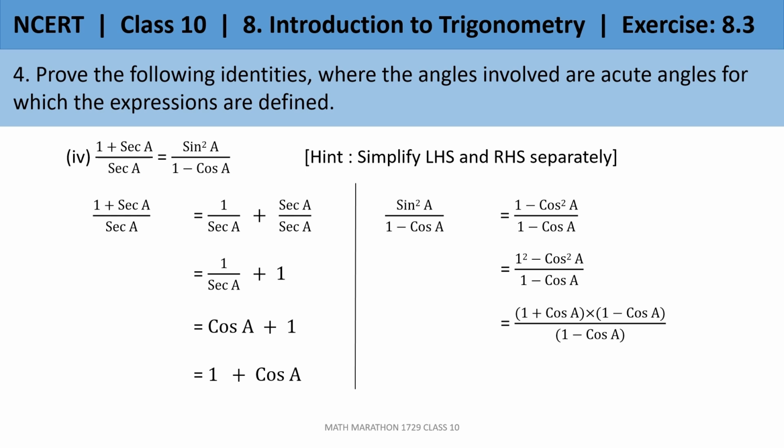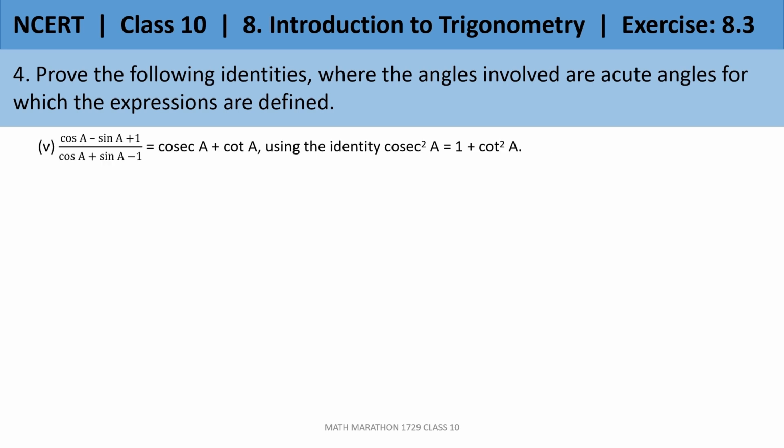In numerator and denominator, we have 1 minus cos A. We can cancel out 1 minus cos A. Is equal to 1 plus cos A. So, right-hand side is also equal to 1 plus cos A. So, left-hand side is equal to right-hand side. Hence, proved.